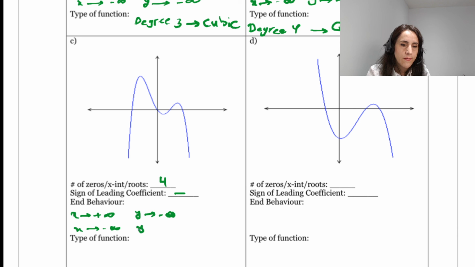Type of function: again, I would say that it is a quartic function.